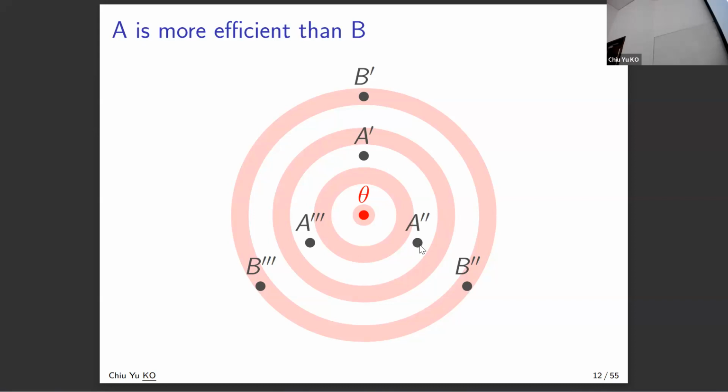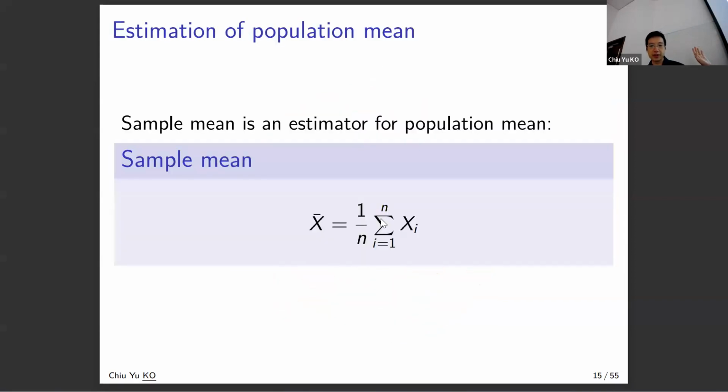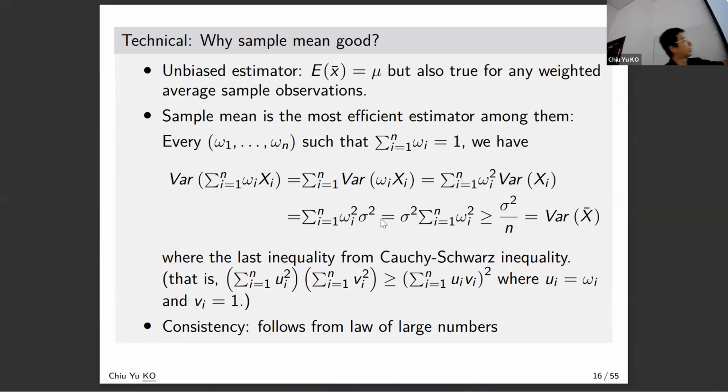And you probably wonder why I mentioned this. The reason is that this efficiency explains why we use the sample mean to estimate the population mean.